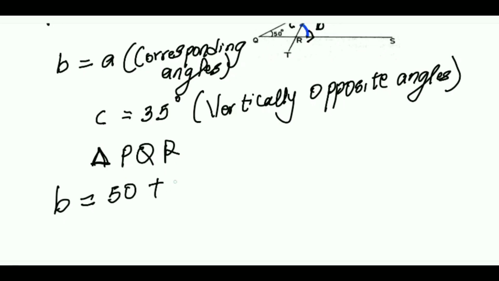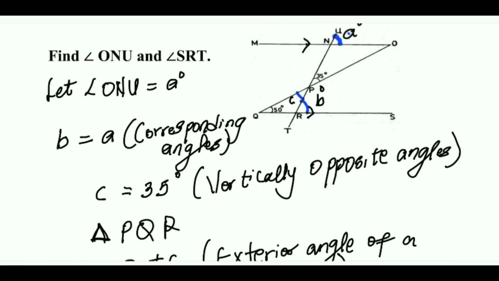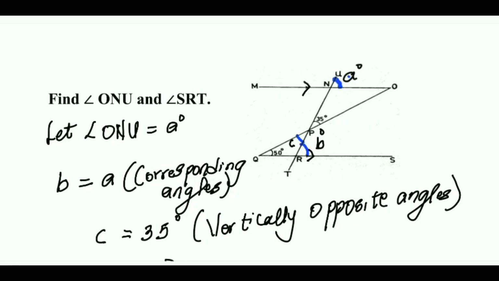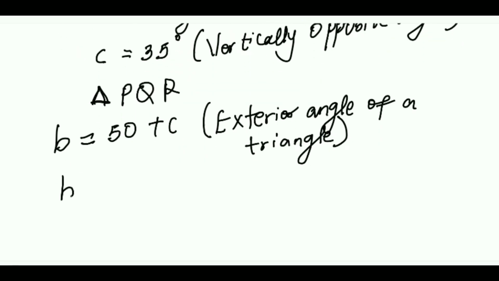Now pay attention to this angle too. This angle over here. Now let me call that angle C so that it's easy for us to describe. I would say that C is equal to 35 degrees. Why? They're vertically opposite angles. You must have heard of that before. Vertically opposite angles are angles formed between two intersecting straight lines.